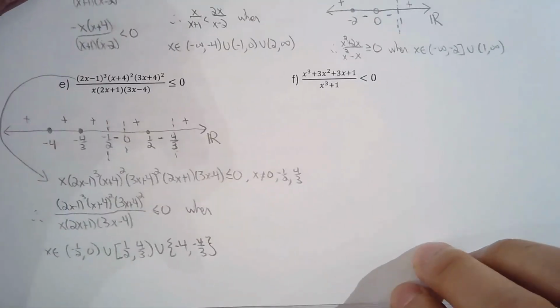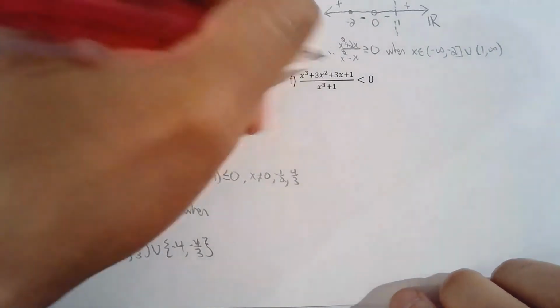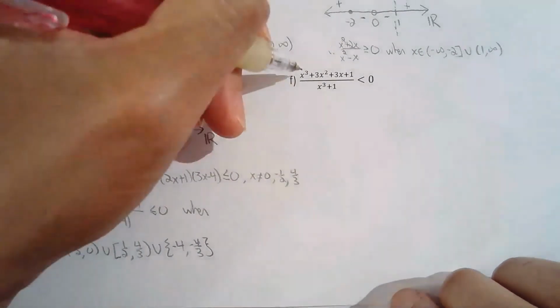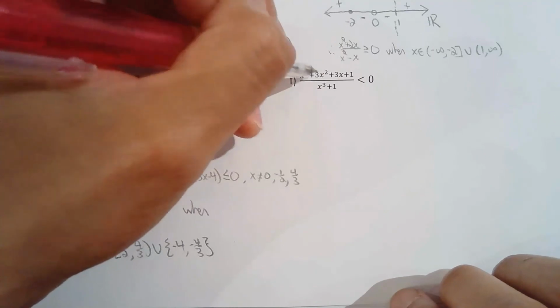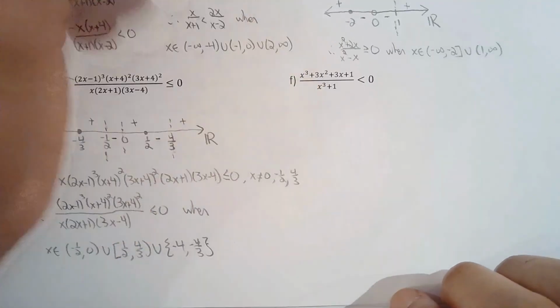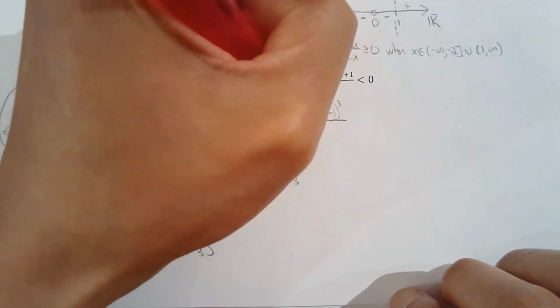Alright, last one. Okay, what's the solution to this inequality? When is this sucker less than or equal to 0? So you probably forgot this, Pascal's triangle, 1, 3, 3, 1. So this is actually (x plus 1) all cubed. Now this one is a sum of cubes. Hopefully you didn't forget that.